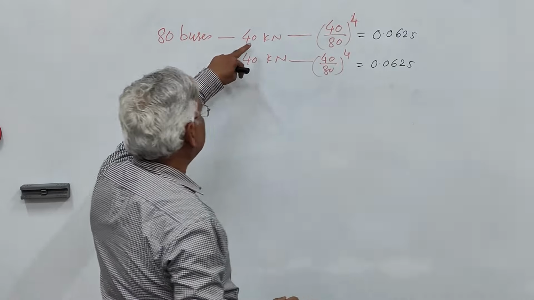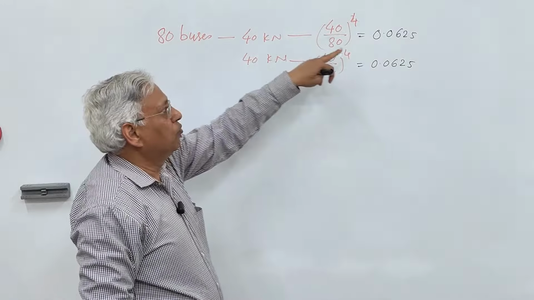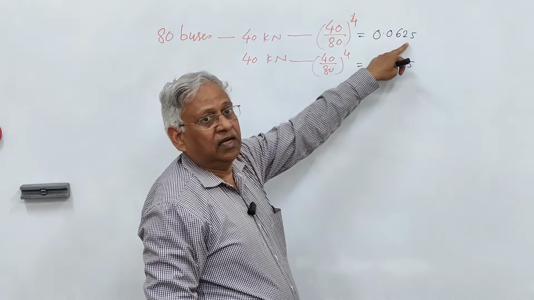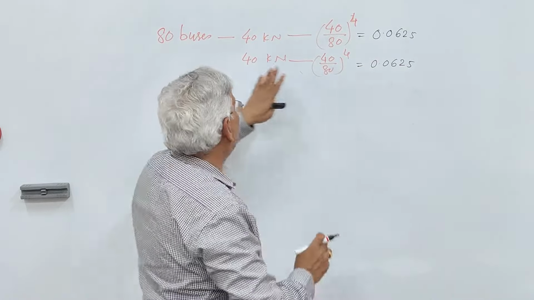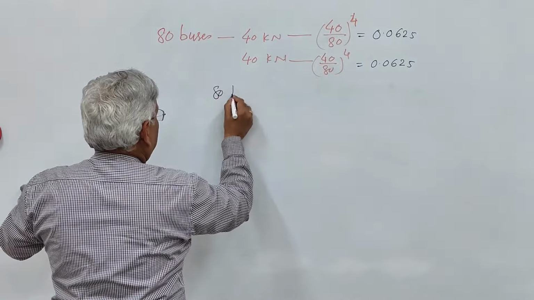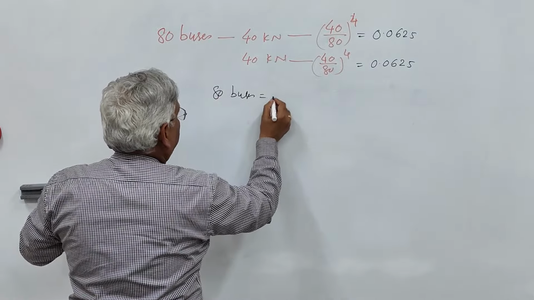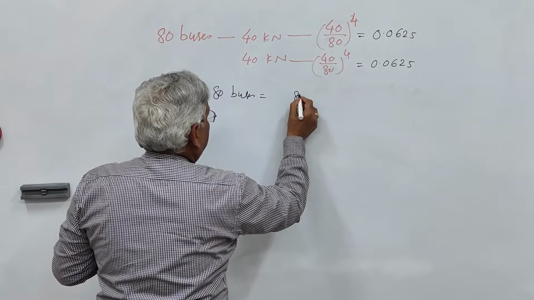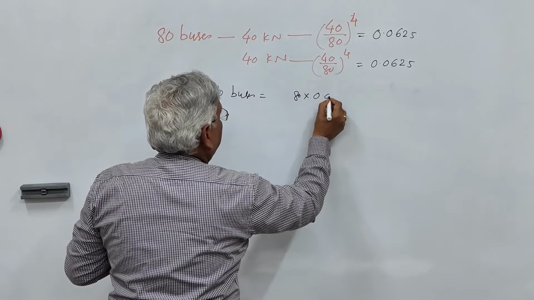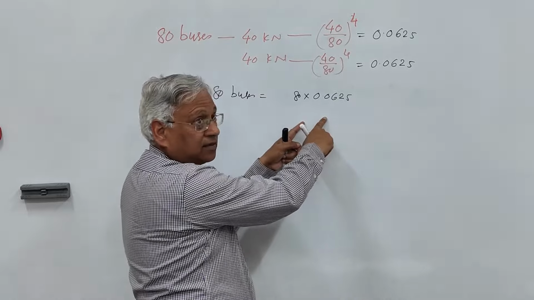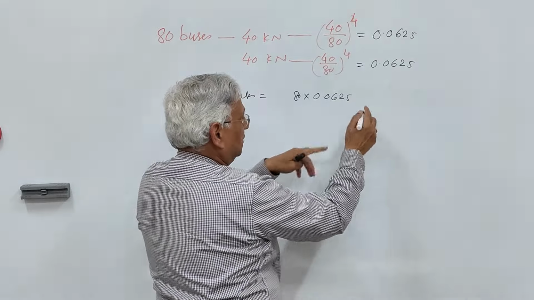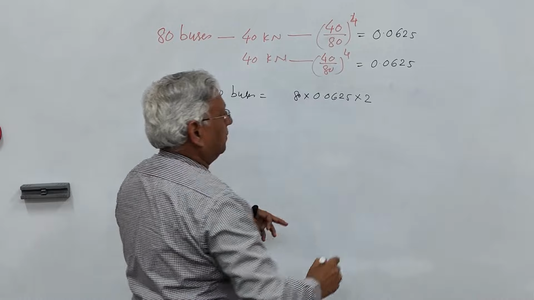So front axle is equivalent to 0.0625 ESAL. Similarly this one. So 80 buses will be 80 into 0.0625, that is the front axles, plus the same with the rear axle, so multiply by 2.